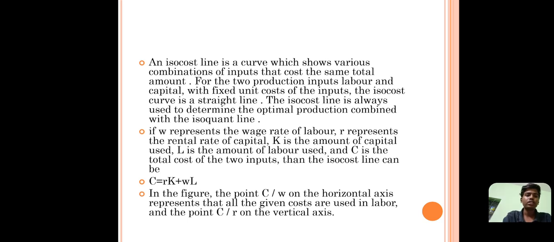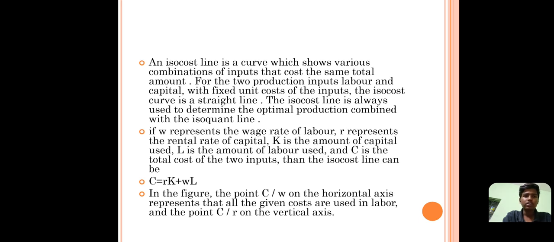An isocost line is a curve which shows various combinations of inputs that cost the same total amount for the two production inputs, labor and capital, with fixed unit costs of the inputs. The isocost curve is a straight line. The isocost line is always used to determine the optimal production combined with the isoquant line.